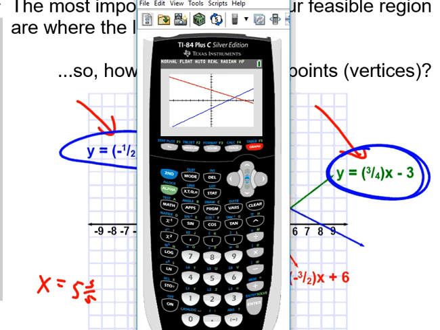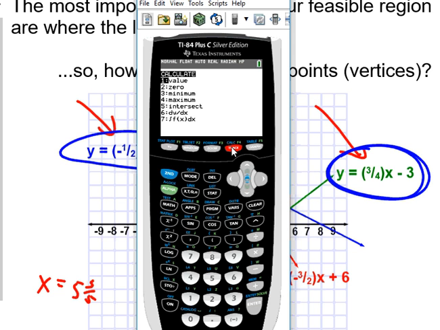Do you guys remember where all those cool ways to calculate things are? Second, and then under, it's, second means above what key? Above the trace key. So second, and it's calculate, which is above trace. Get in there, quickly. Then, which of those choices is it?